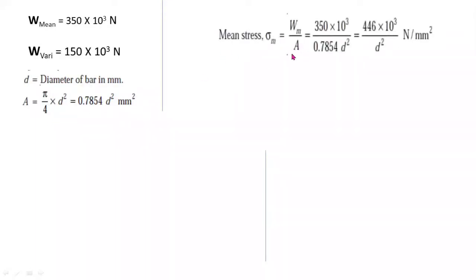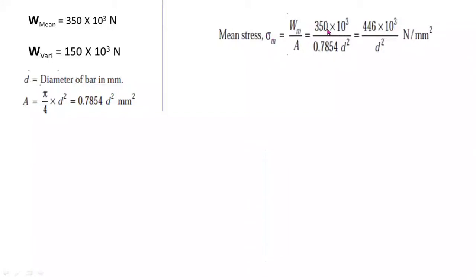Mean stress sigma m is equal to mean load by cross section area. Stress equals load by area. Here you substitute the value of mean load to determine the mean stress.